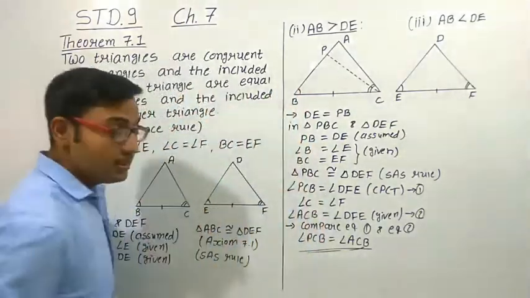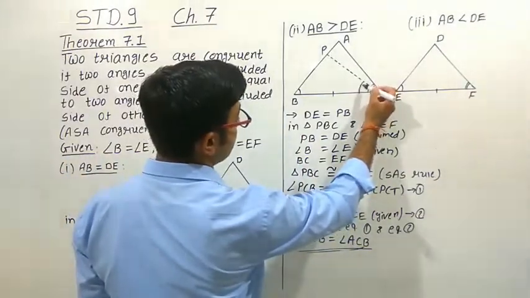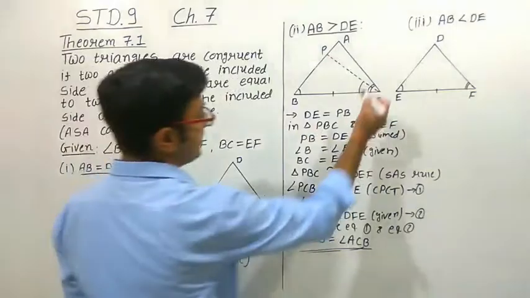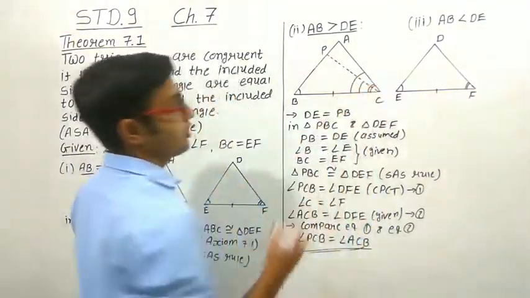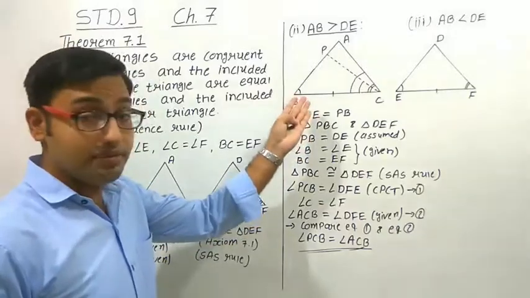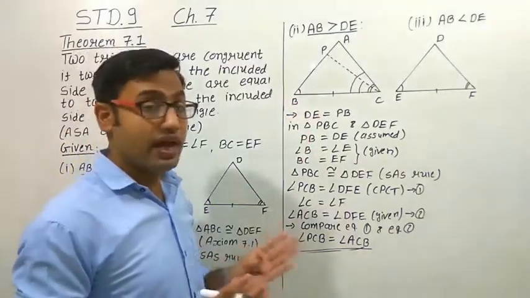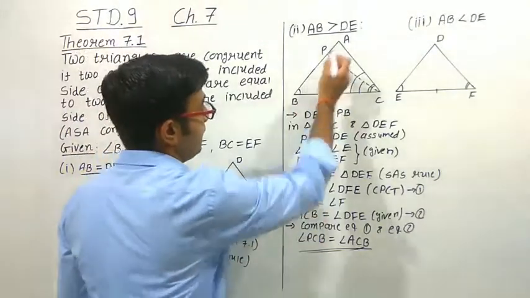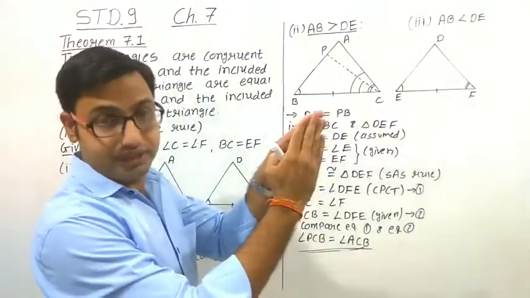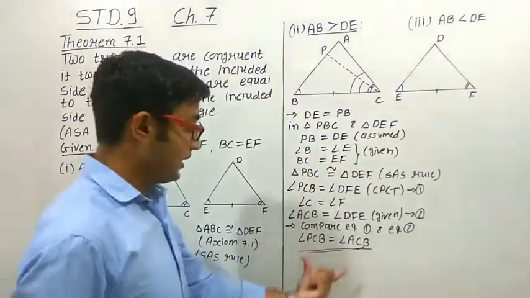Now see, in the triangle, PCB angle is this much and ACB angle is this much. Is it possible that both these angles become equal? Yes, it is possible when P and A become the same point. This is only possible because we have proved that both these angles are equal.